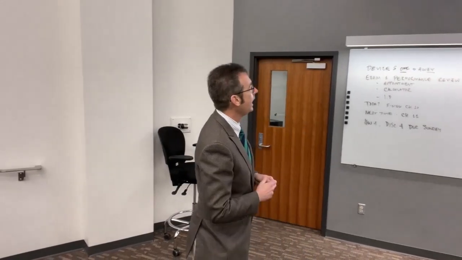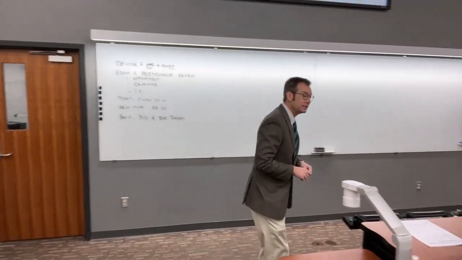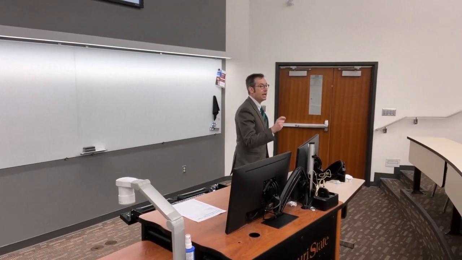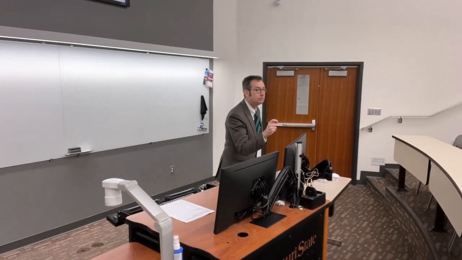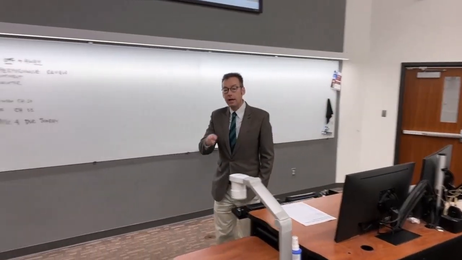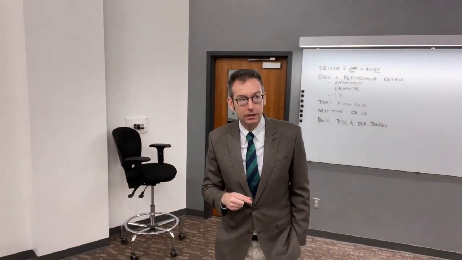Okay, now let's walk through each. Oh, by the way, most students, here's what they do. They figure out the deviation for year 1, and then they write it down. And they figure out the deviation for year 2, and they write it down. And they figure out the deviation for year 3. What do you think they do? They write it down.